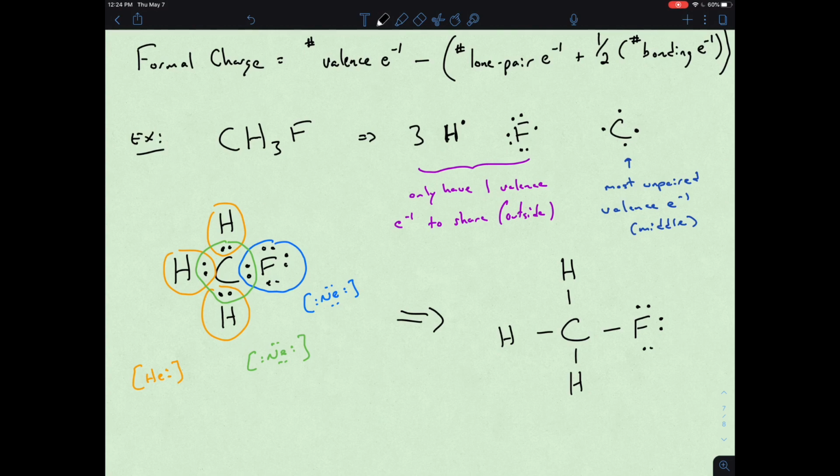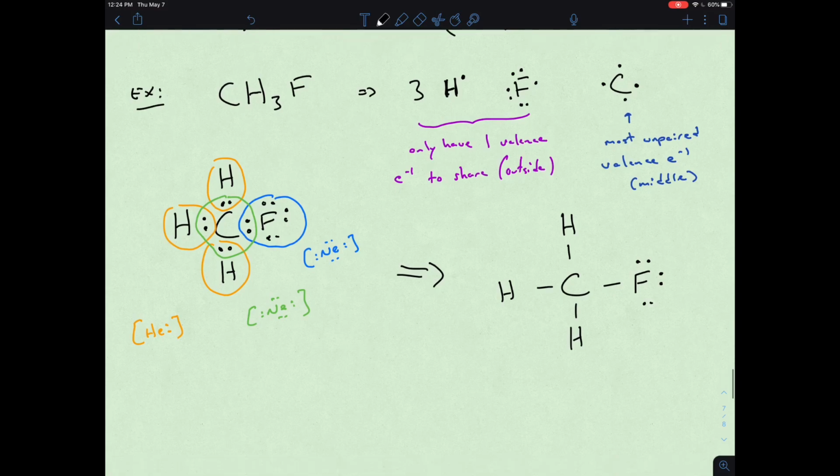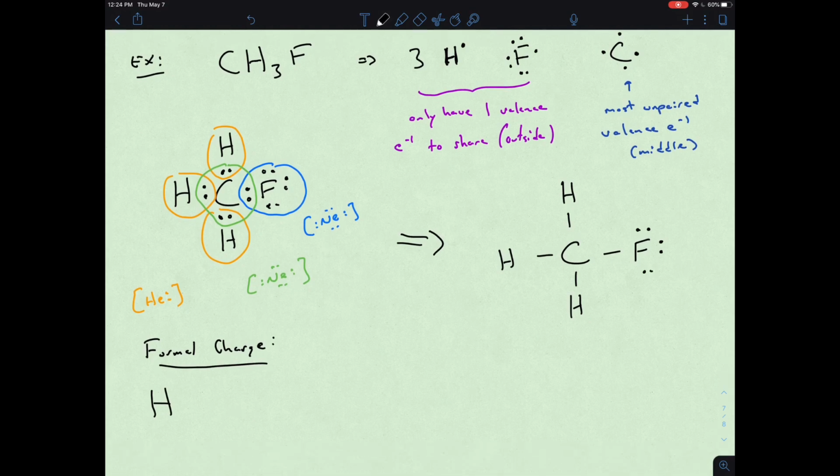Now to bring the idea of formal charge into this, we can start with our hydrogen. They actually all are really the same with the hydrogen, right?